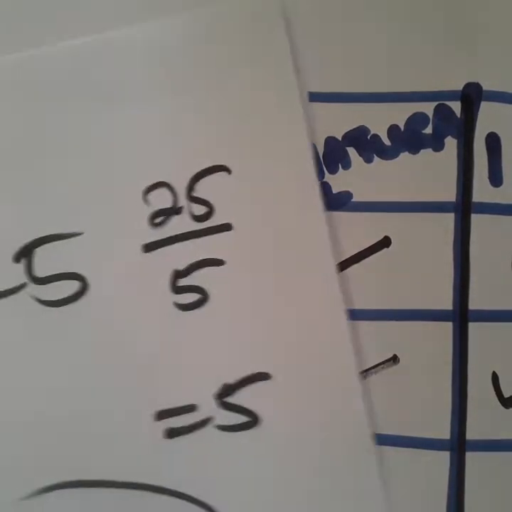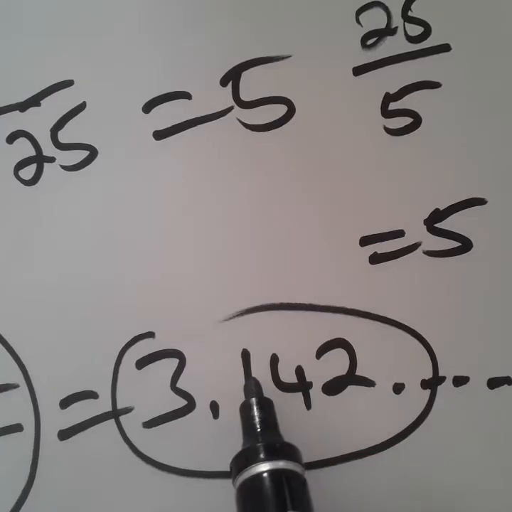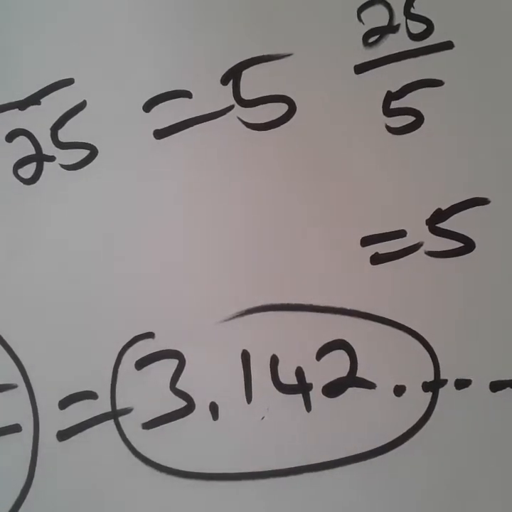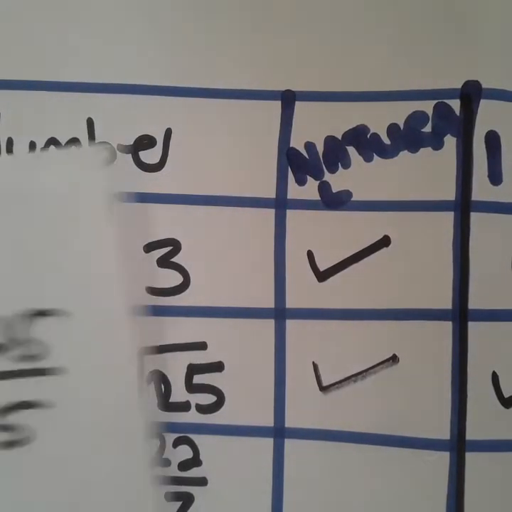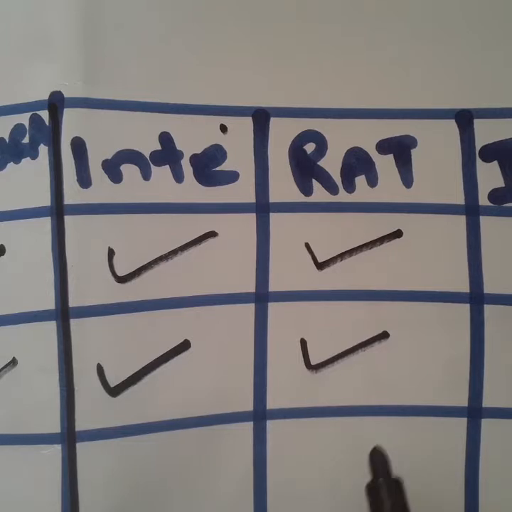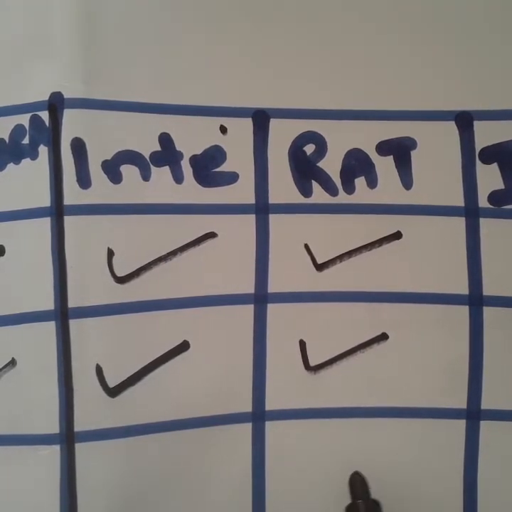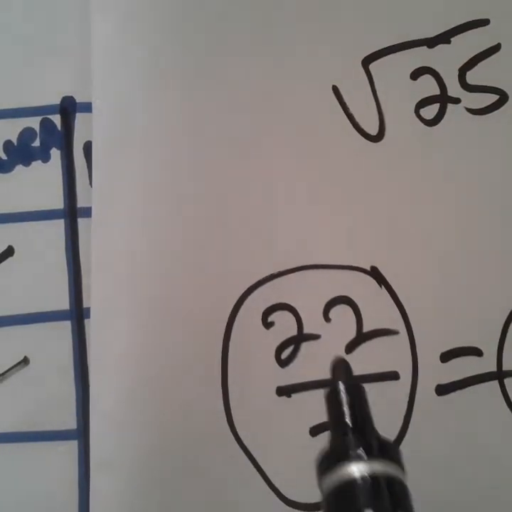Then we go to integers. Again, this is not an integer. Decimal numbers are not included under integers. They are not classified under integers, so it's not an integer as well. Now let's check rational numbers. We said a rational number is a number that can be expressed in the form of a fraction or a ratio. So 22 over 7 is a fraction, a ratio.